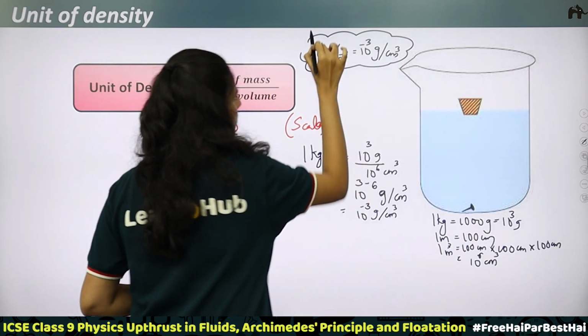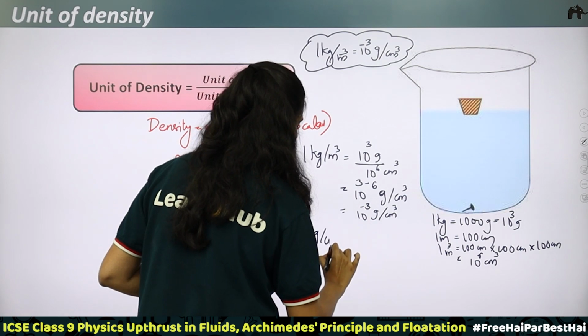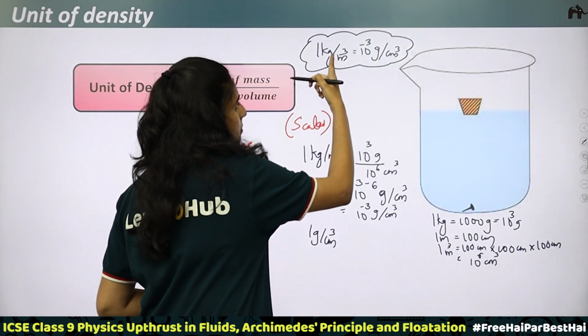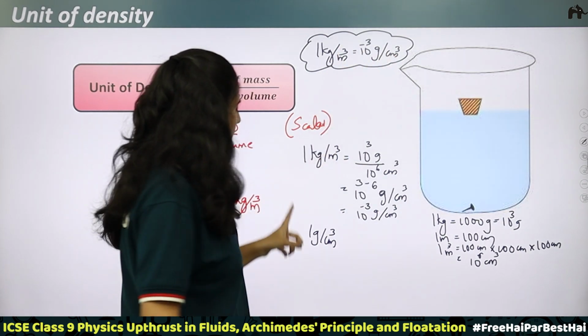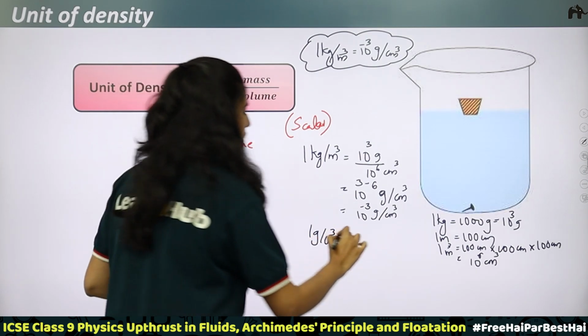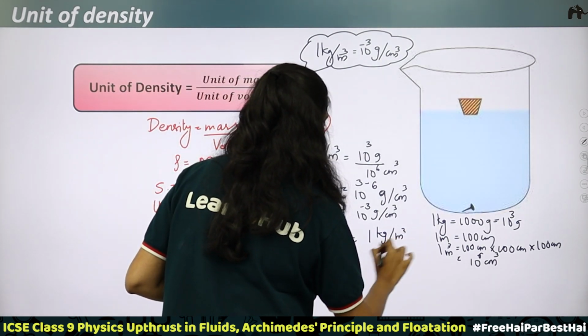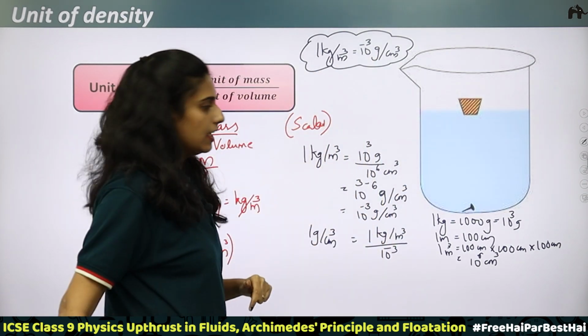Okay. Now what is 1 gram per centimeter cube in kilogram per meter cube? If 1 kilogram per meter cube is equal to 10 raised to minus 3 gram per centimeter cube, then 1 gram per centimeter cube will be equal to 1 kilogram per meter cube divided by 10 raised to minus 3. So this 10 raised to minus 3 goes to the denominator.